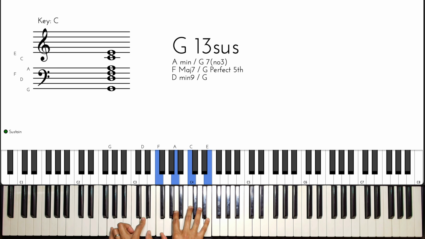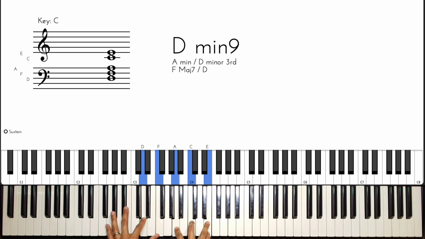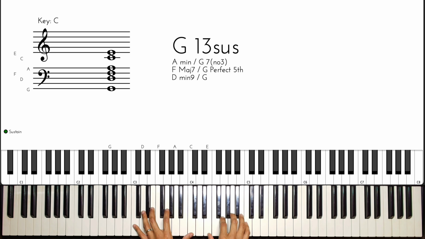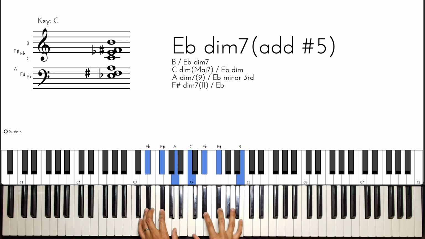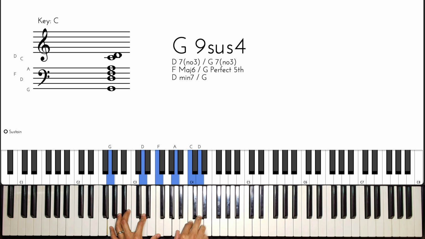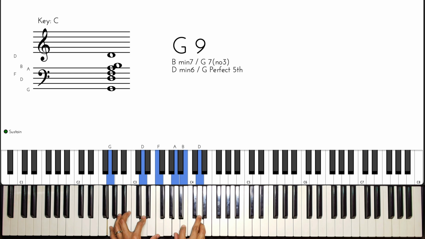And I get this chord right here. You can also think about it as a D minor 9 over a G. So far we have, then we resolve, right? We can resolve that 13 sus to a 9 sus 4 or even a G9, right?